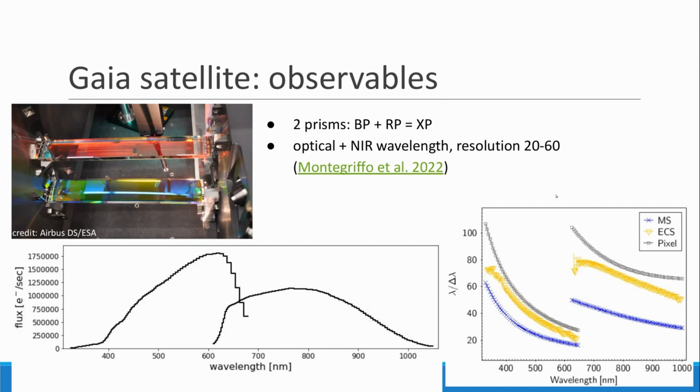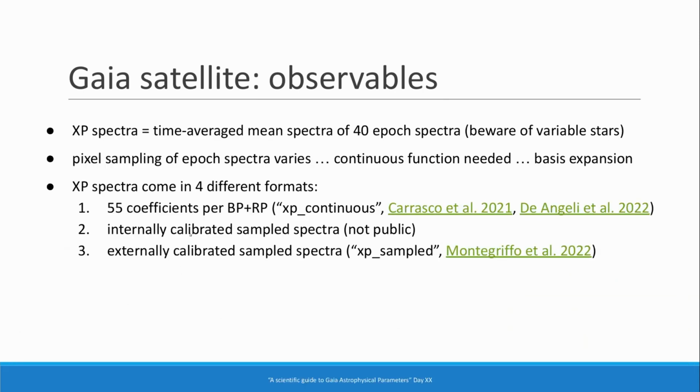Okay. So I was talking about the mean spectra of BP-RP. So what does that actually mean? These XP spectra, as a reminder, BP-RP is XP, are time-averaged mean spectra of the roughly 40 epoch spectra that every source has in Gaia Data Release 3. So we have to somehow combine them in order to accumulate the signal to noise.